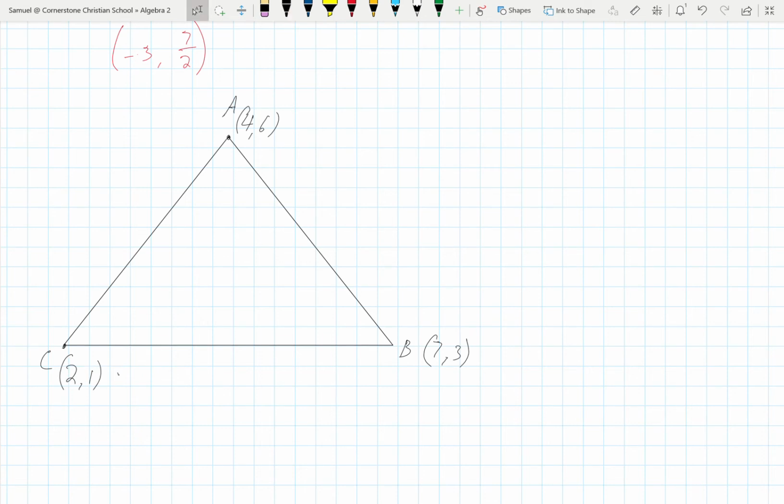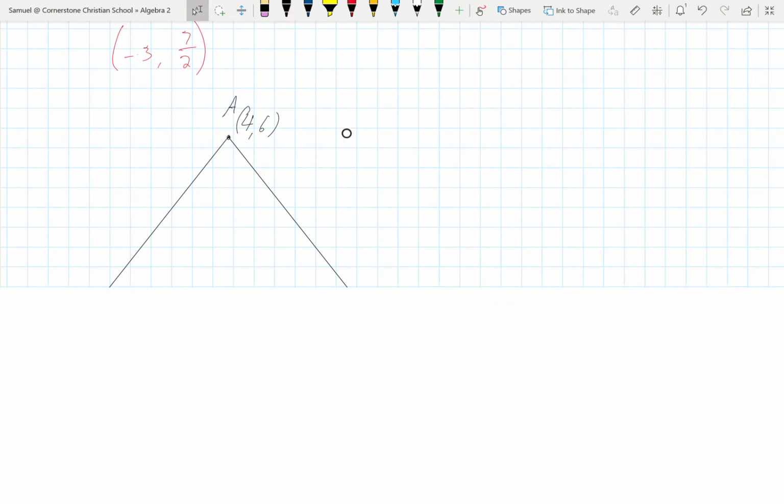And we're asked to classify the triangle as scalene, isosceles, or equilateral.